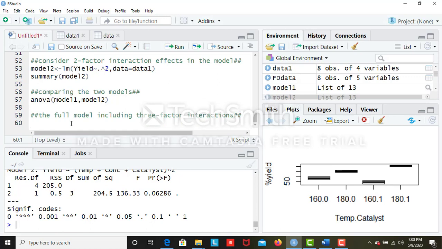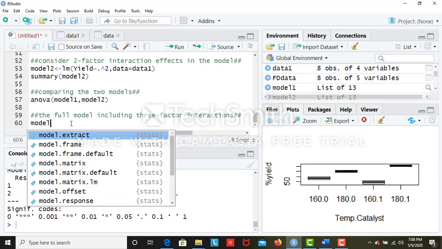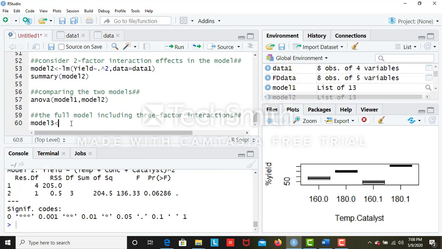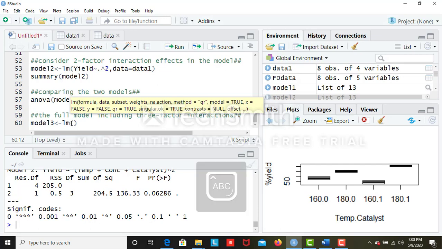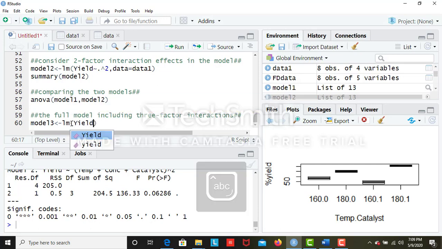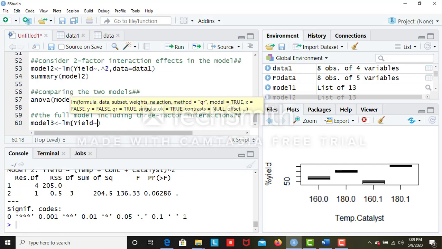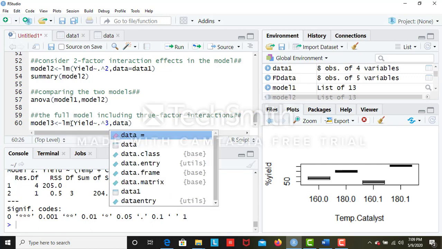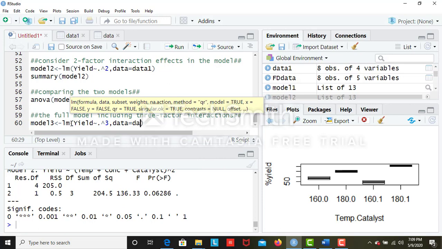So I'm going to call this model 3, and that will be yield, I have this equal 3, then data is equal to data 1.